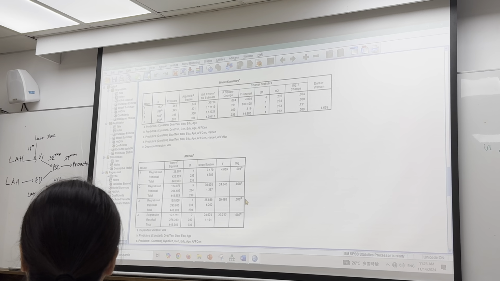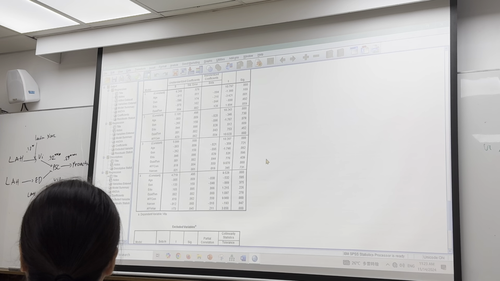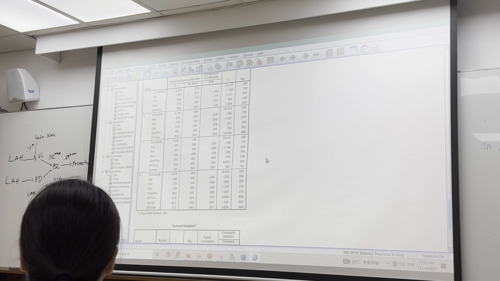But for model 3, the significant change and the significance level are different. Even though this one is significant, when you look at its effect right here, it's not significant.